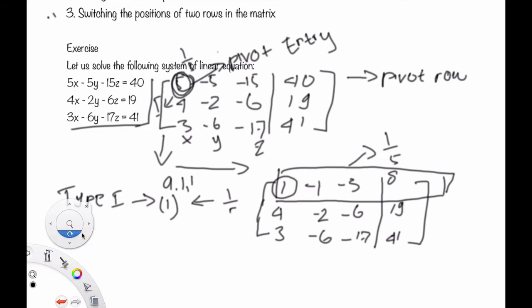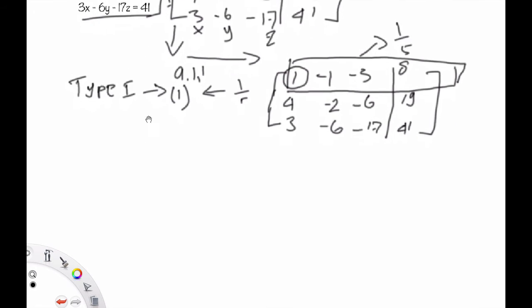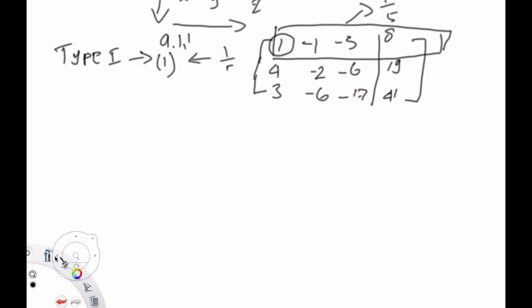And then after that, our next task is to change all of the entries below the pivot, because we have the pivot entry here. Next, we convert all the entries below the pivot entry to be 0.